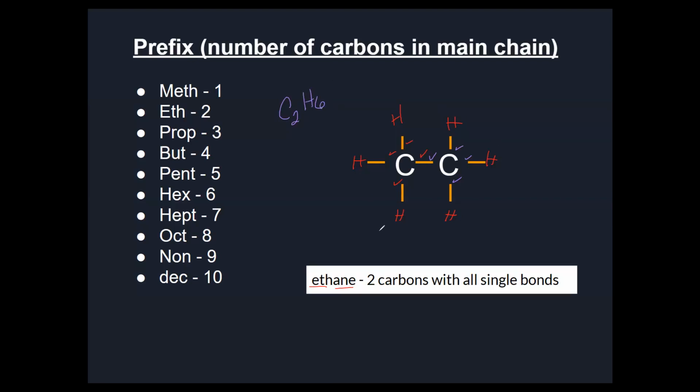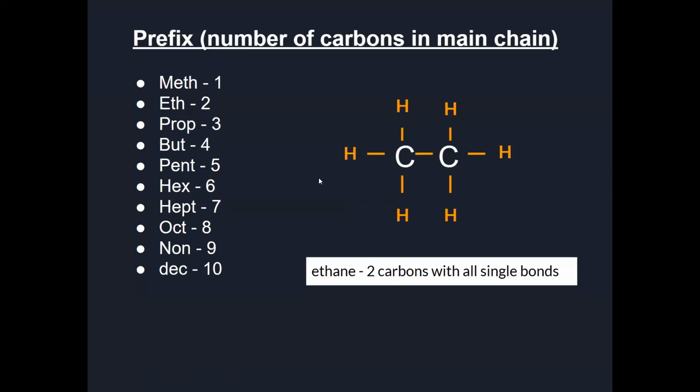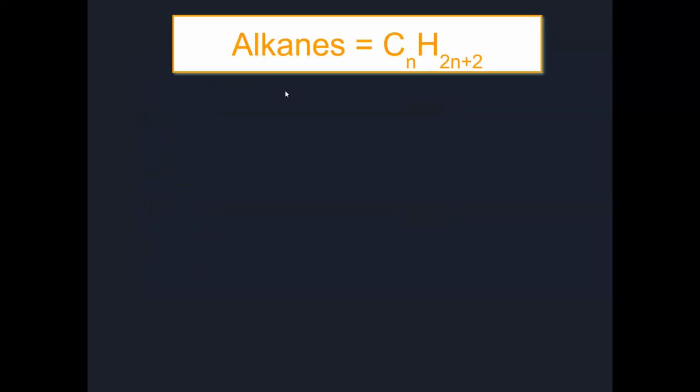So you can always draw it, fill in the hydrogens, and that is how you would come up with your formula. There is also an equation you could use for that. In organic, we often do not show the H's. So as long as I show the little stalky thing, I know there's an H attached to it. Those are all alkanes.